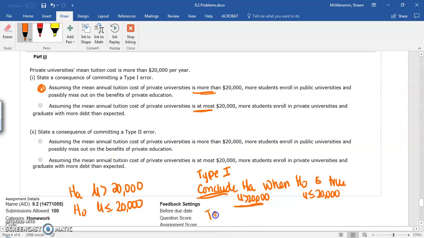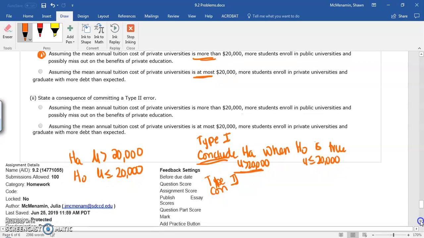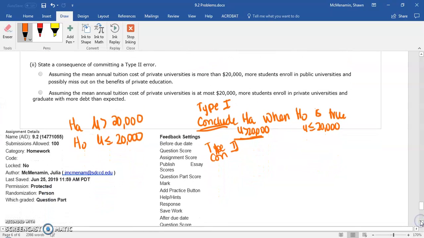A type 2 error would be to conclude H naught when HA is true. And more correct language would be to fail to reject the null when the null is false, right?